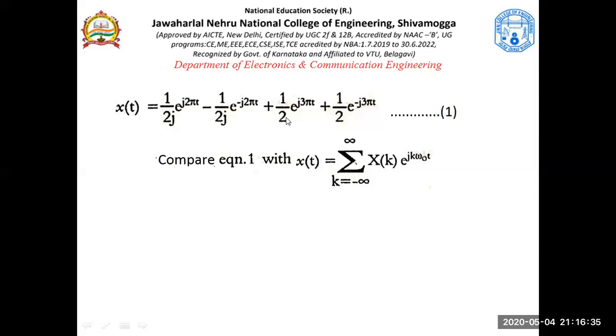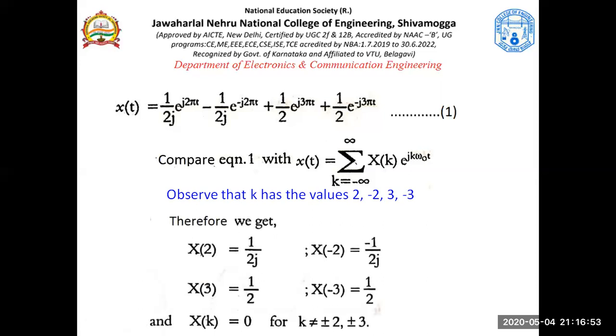Understand? Similarly, this is at k equal to 3, so this is x of 3. This is at k equal to minus 3, so this is x of minus 3. So we have come across the 4 values of k, that is 2, minus 2, 3 and minus 3. This is what we have extracted. X of 2 is 1 by 2j, x of minus 2 is minus 1 by 2j, x of 3 is 1 by 2, x of minus 3 is also 1 by 2.